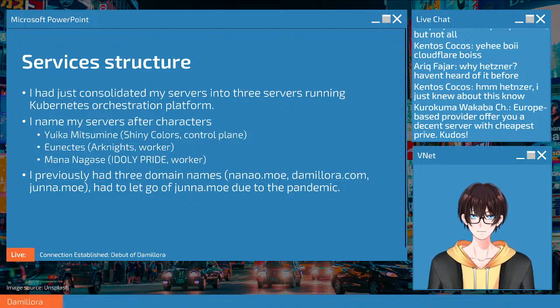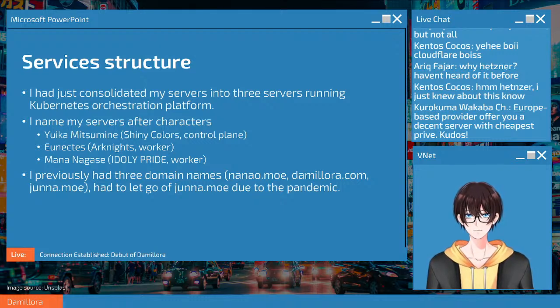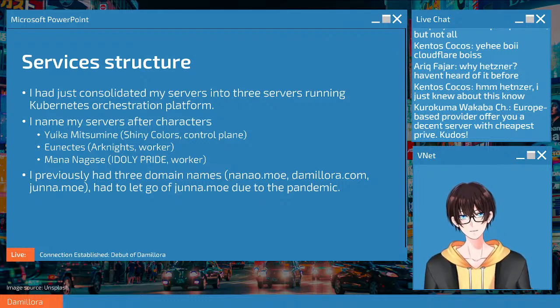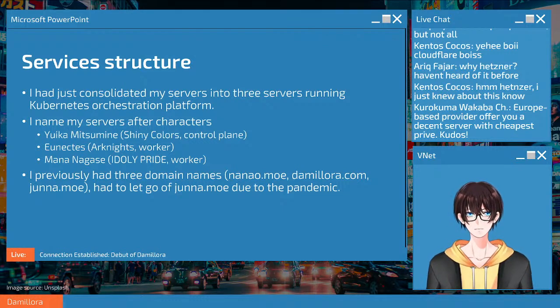And then for how I structure my servers, I currently have 3 servers, and I have just moved all my services to Kubernetes. Also, fun fact, I name my servers after characters.